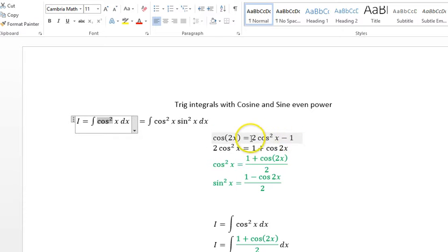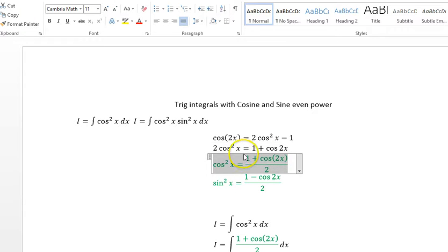If you solve this for cosine squared, we move the negative 1 over to the other side, which isolates the 2 cosine squared x. You get 2 cosine squared x equals 1 plus cosine 2x, and then you divide by 2 and get cosine squared x equals (1 plus cosine 2x) over 2.